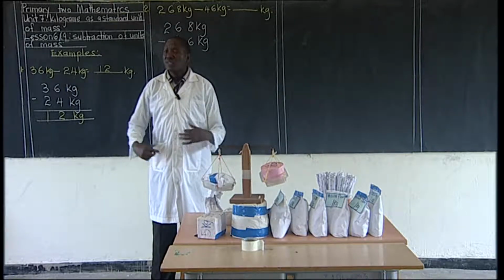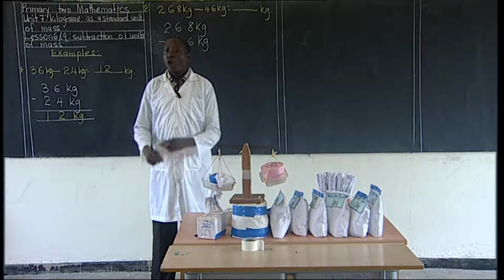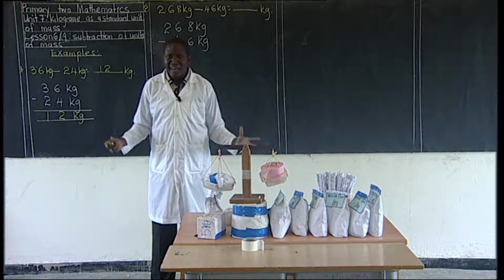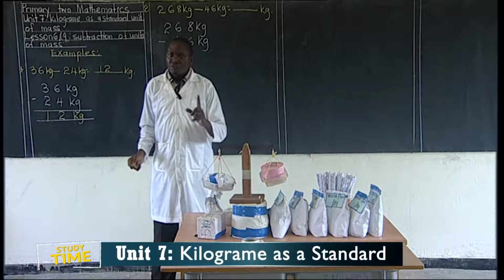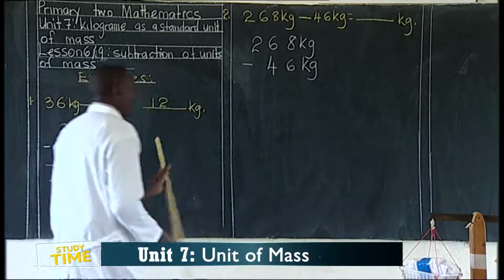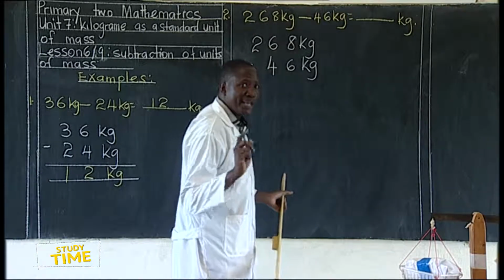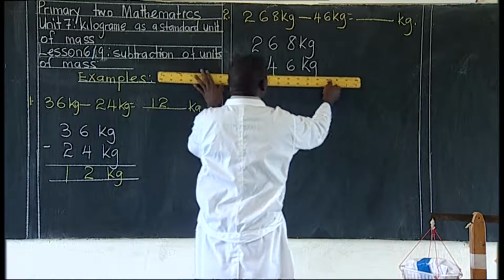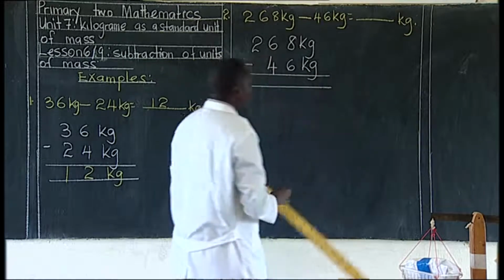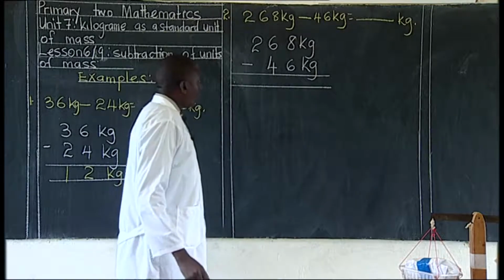Yes, we can use counters, but very soon we are going to begin subtracting mentally, doing everything mentally, okay? But for now, don't forget your ruler, okay? We shall sing the ruler until everybody will begin to use a ruler. So, underline.